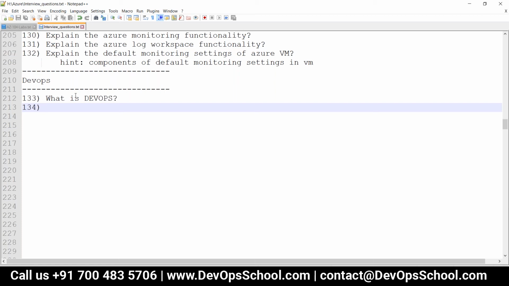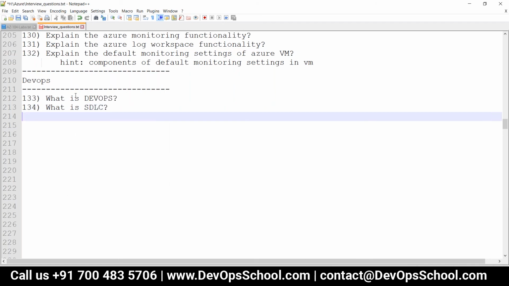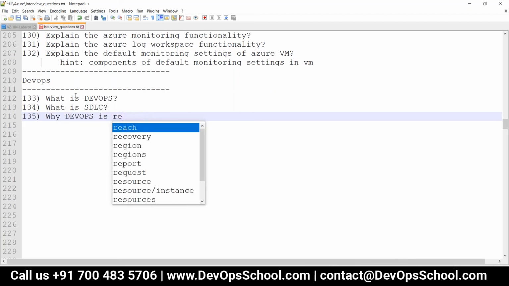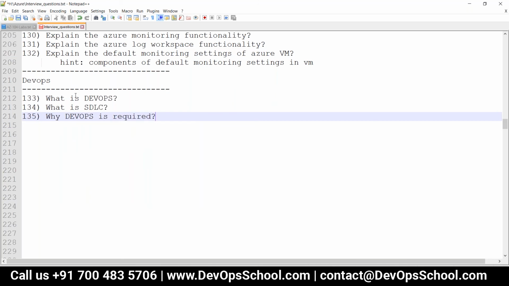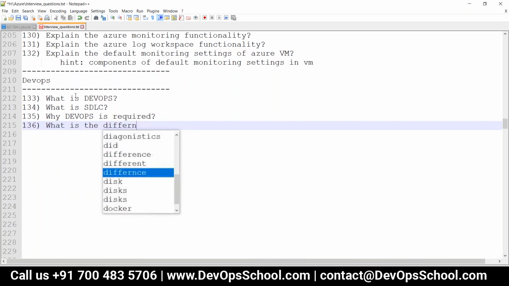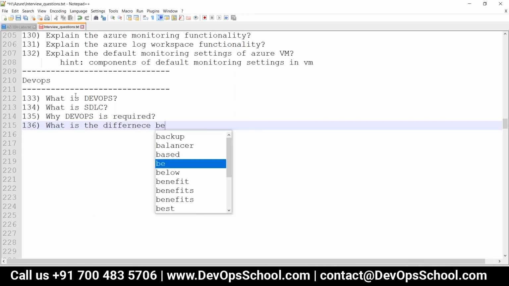What is SDLC? Next is why DevOps is required. What is the difference between waterfall development approach and agile development approach?